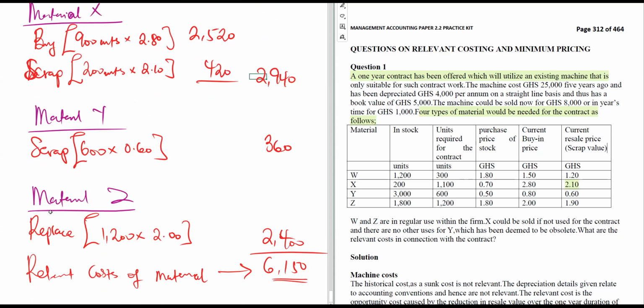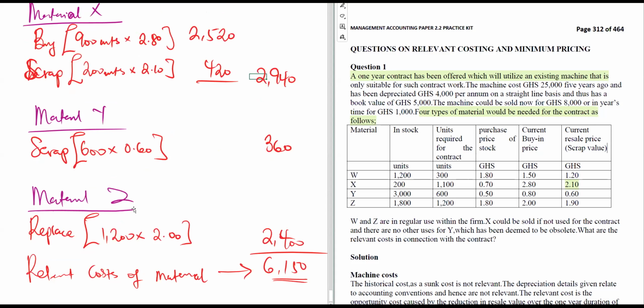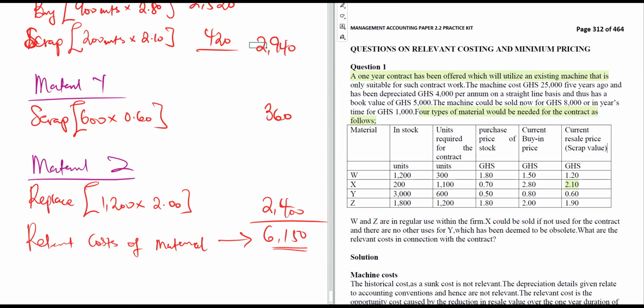Relevant cost of material. Did you understand? So if you don't have, you buy. Used frequently, buy. No alternative use, 0. But if they have scrap, you scrap.